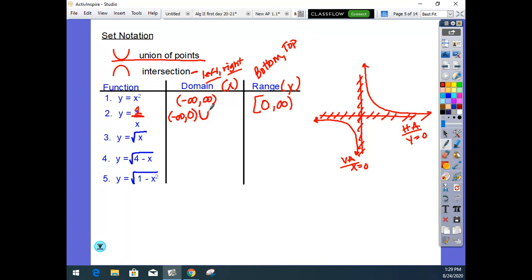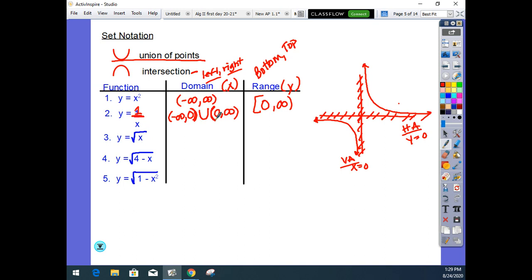I'm going to union this region, the left side of the graph, with the right side. This one picks up where this left off, just to the right side of 0, and it goes all the way to the right. So what this does is basically takes 0 out of the domain, because I'm not including 0 on the left or the right.